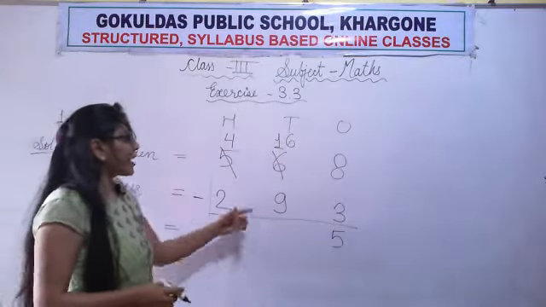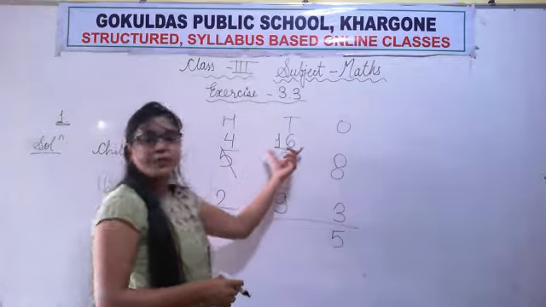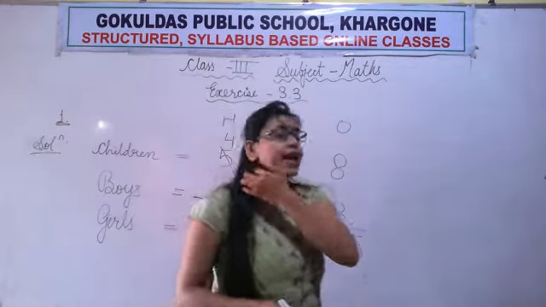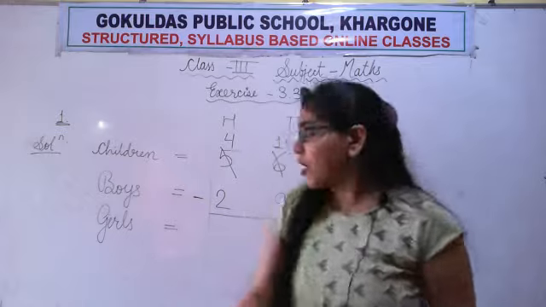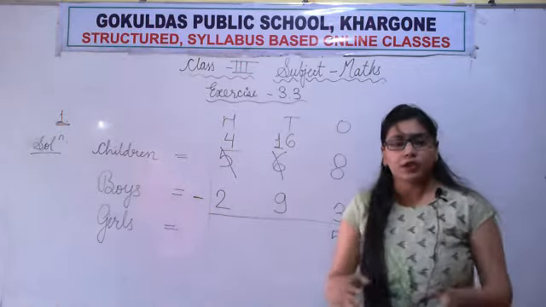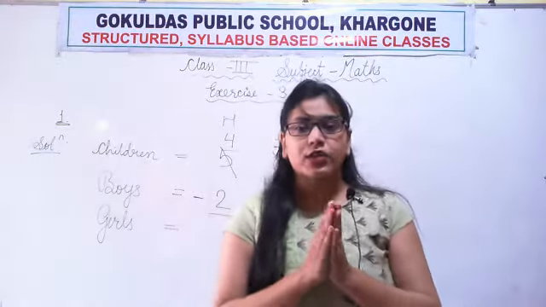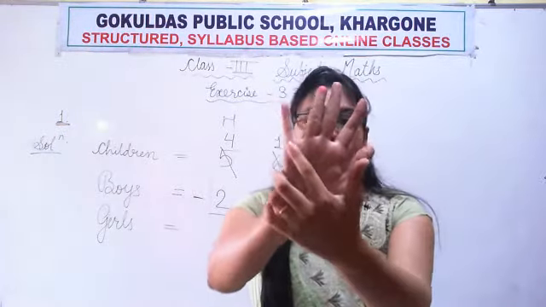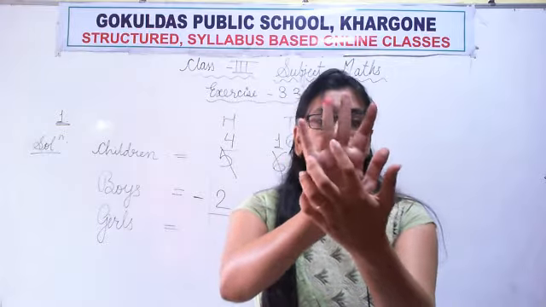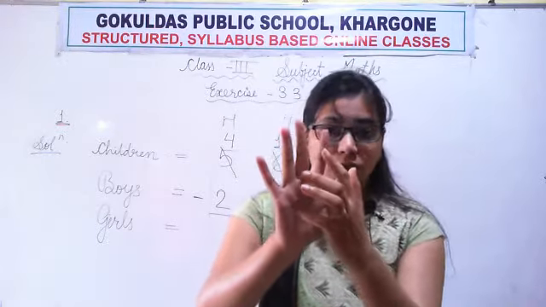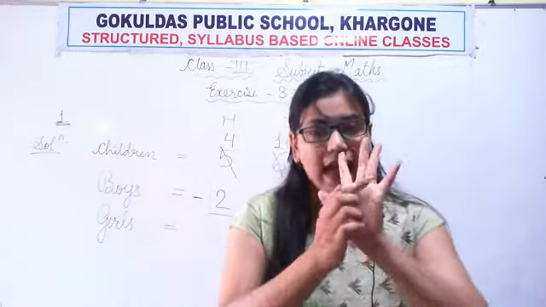Okay. So now can we remove 9 from 16? Yes, we can. Why? Because now 9 is the smaller number. So first of all we'll count 16 finger marks: 1, 2, 3, 4, 5, 6, 7, 8, 9, 10, 11, 12, 13, 14, 15 and 16.